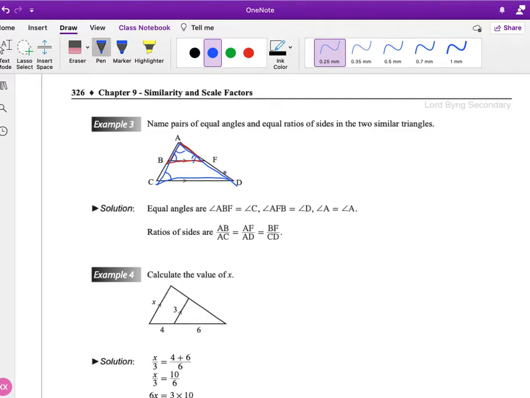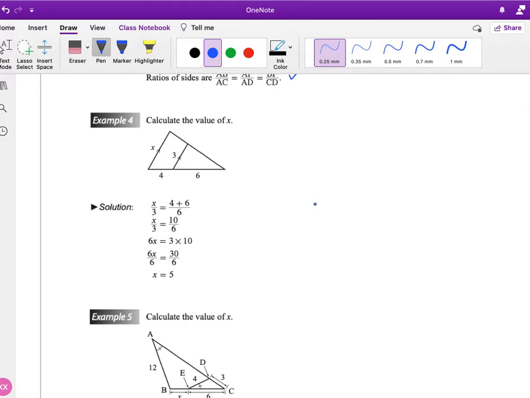This angle and this angle are also equal. So that's why the two triangles are similar. The ratio for the smaller red triangle is AB, and for the blue triangle is AC. So AB over AC is AF over AD, and also BF over CD. That is simple enough.